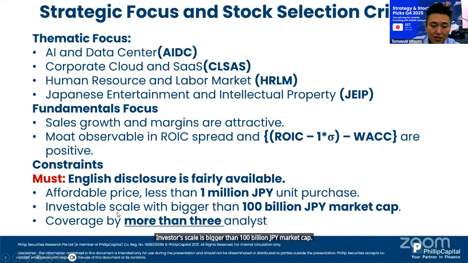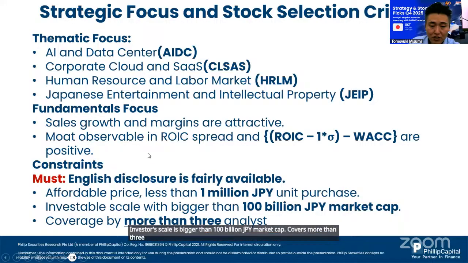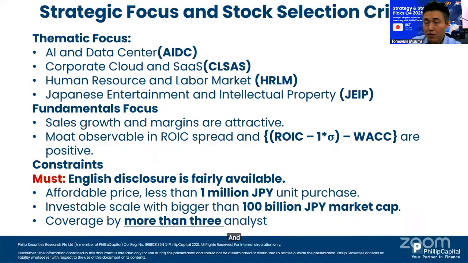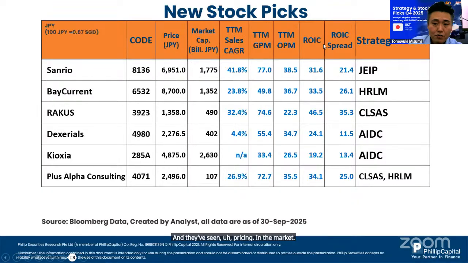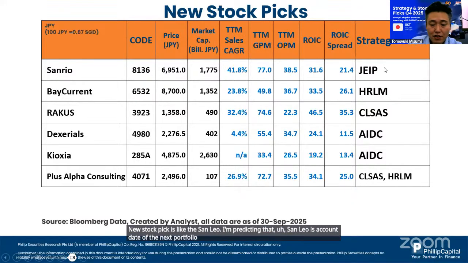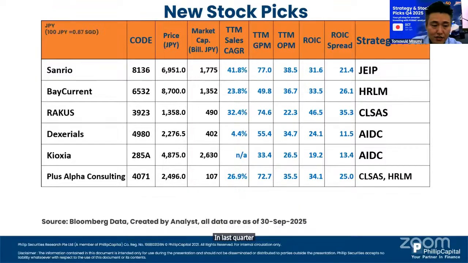Coverage by more than 3 analysts is also important for efficient pricing in the market. The new stock picks are like that. I predicted in the last quarter's session that Sanrio is a candidate for the next portfolio, and Sanrio, Bandai Namco, and Fujikura are the 3 candidates for the new portfolio.